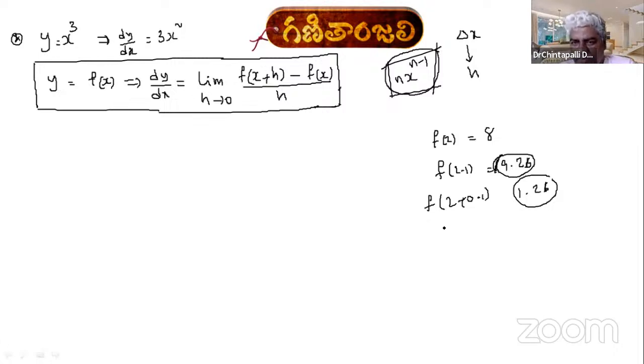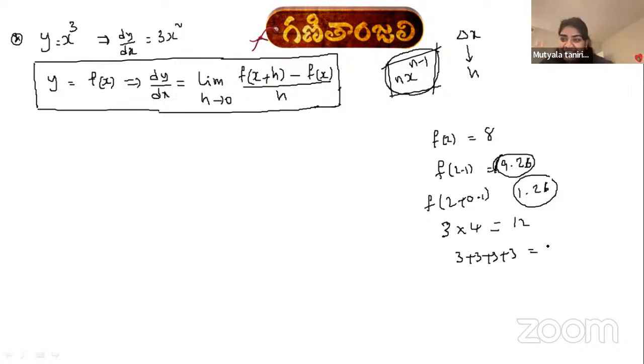For example, if I ask you what's the value of 3 times 4? 12, sir. If I ask you, don't use tables, and answer what's the value of 3 times 4, what is our procedure? 3 plus 3 is 6, 6 plus 3 is 9, 9 plus 3 is 12.